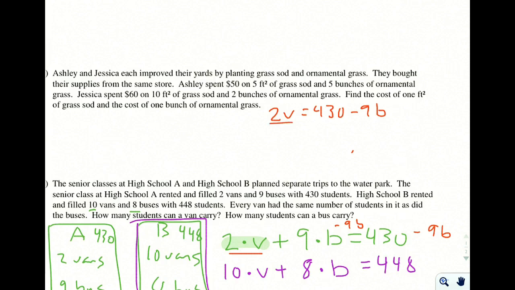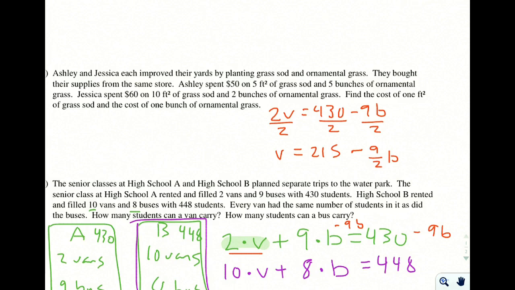Then I need to divide everything by 2 to get v alone. So all 3 terms need to be divided by 2, and I get v is equal to 430 divided by 2 is 215, and then 9b over 2 kind of just stays as it is, 9 halves b. So nothing we can reduce there.